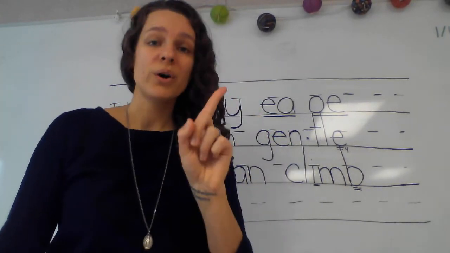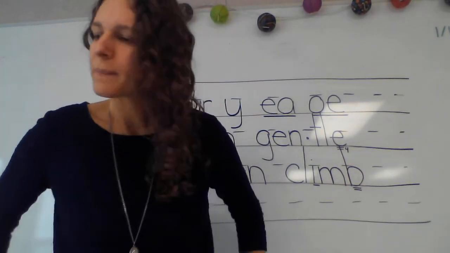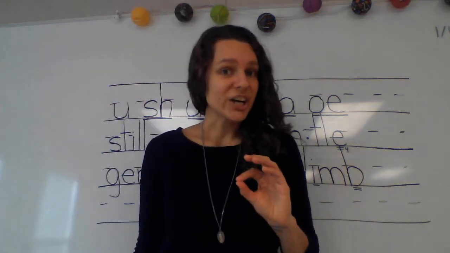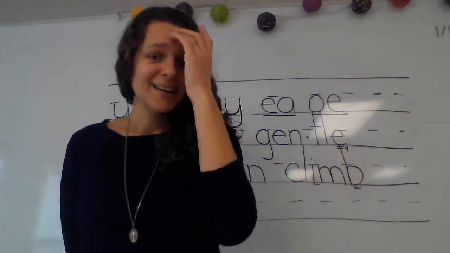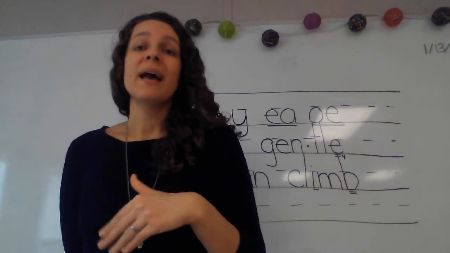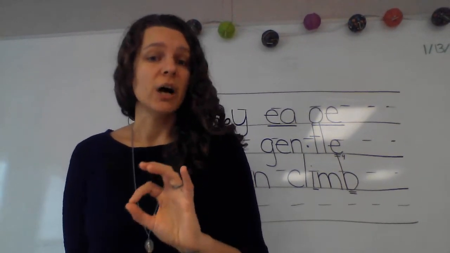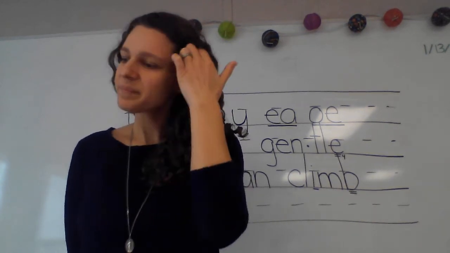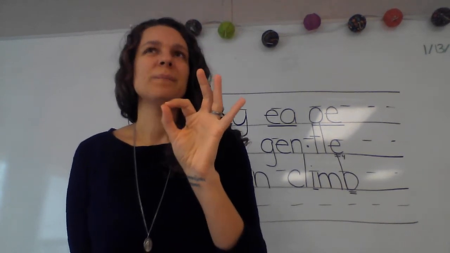We've got one more word, and this word is kind of a stinker. The word is picture. What's the word? Good, picture. My friend sent me a picture of her dog. Picture. All right, picture.